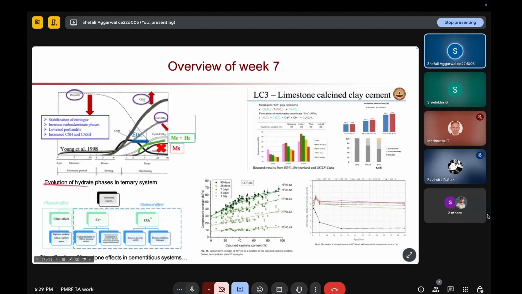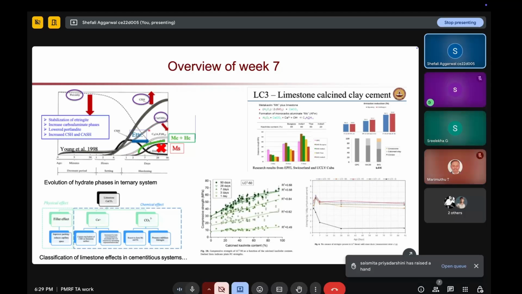This is how the evolution of hydrate phases in a ternary system looks. This graph is similar to what we saw in the previous class, how with time our hydration products are changing and different things are increasing.